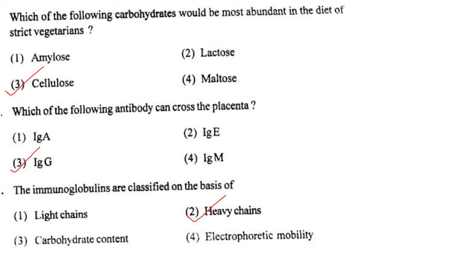Option 1, IgA; 2, IgE; 3, IgG; 4, IgM. Answer is IgG. Next one. The immunoglobulins are classified on the basis of: option 1, light chains; 2, heavy chains; 3, carbohydrate content; 4, electrophoretic mobility. Answer 2, heavy chains.